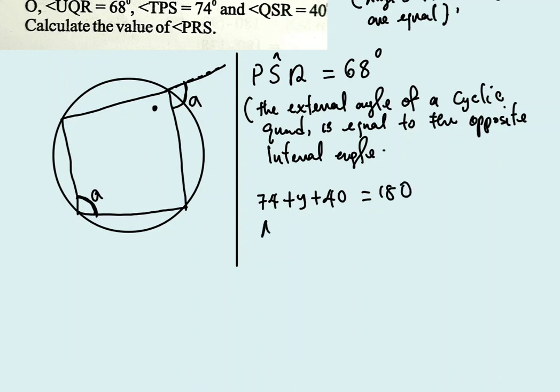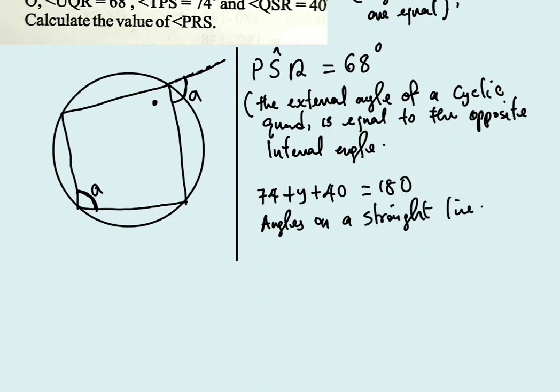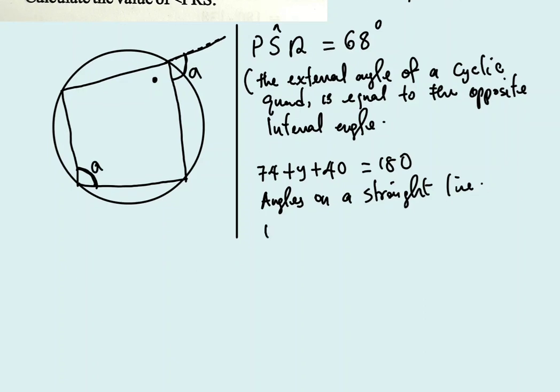And the reason is angles on a straight line. Good. So therefore, I can find my y as 180 minus 74, minus 40. So my y is equal to 66. So I'm done with that.